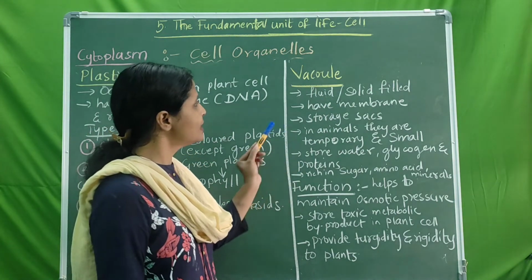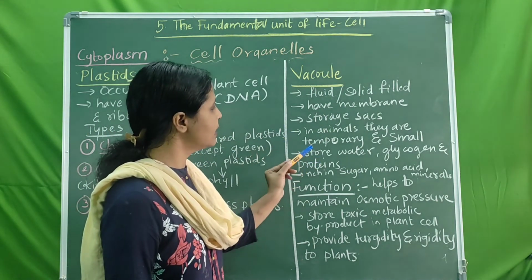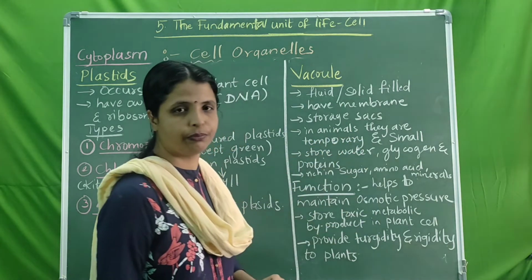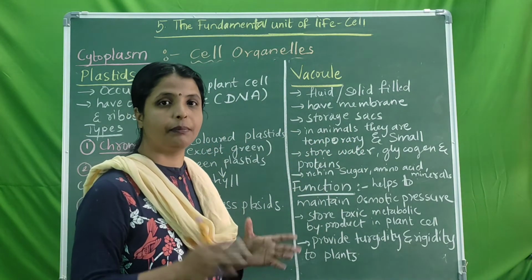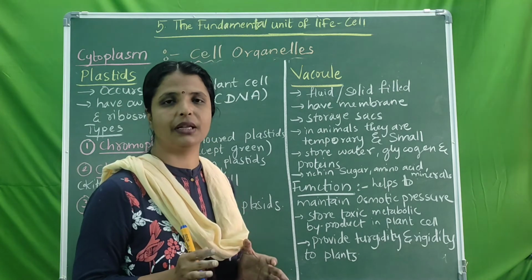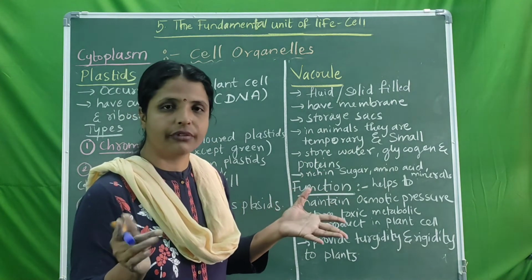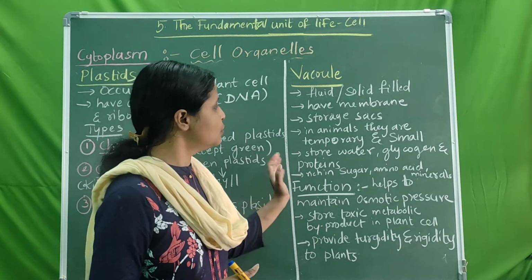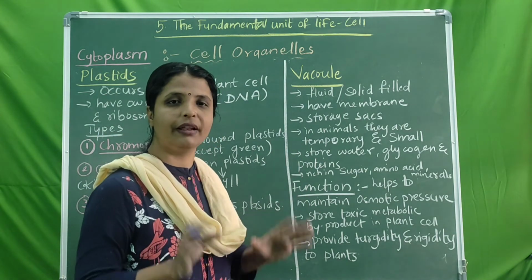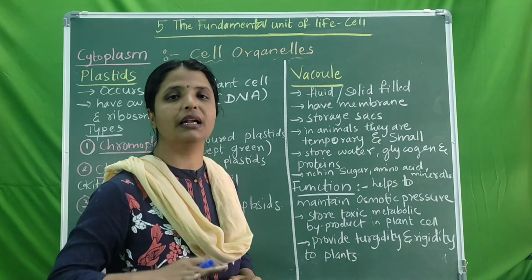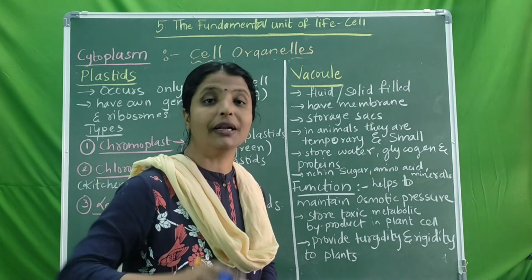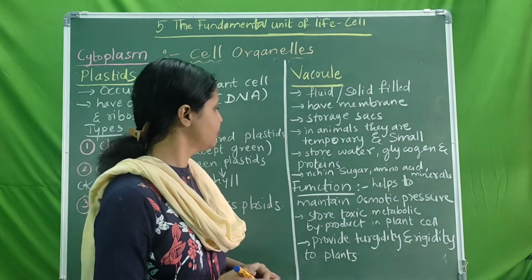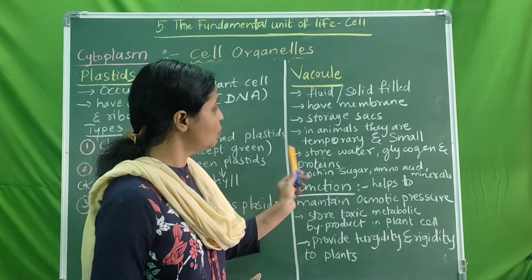Let's see. First thing, the vacuoles in animals are temporary and small. They are not permanent. They die after some period of time. Whereas in the plants, they are permanently found. Then what are the vacuoles doing?